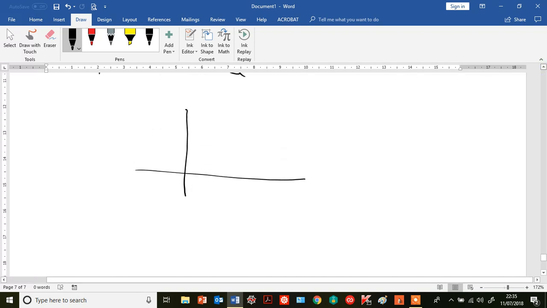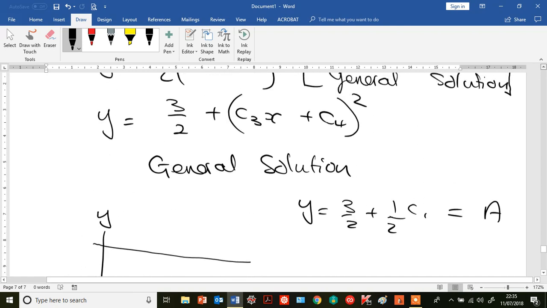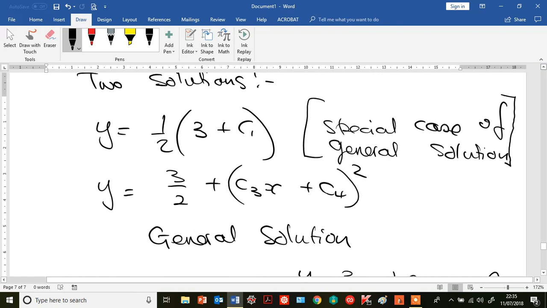So we've got y on the vertical here and x on the horizontal there, and usually quadratic graphs do something like that, or that if they've got complex roots, or it might do something like that, or it could be over here, depending on what the constants are, or it might even be over here. So basically, that is the way to solve that equation.